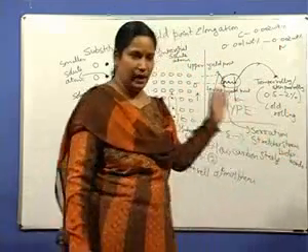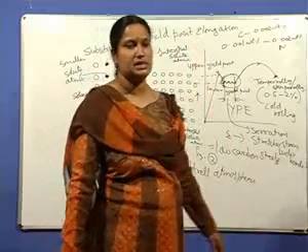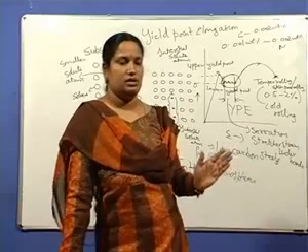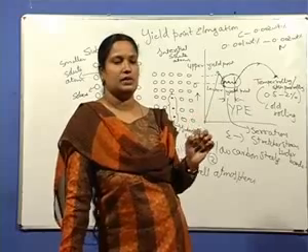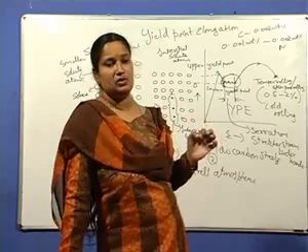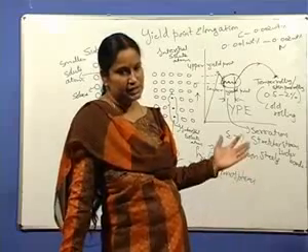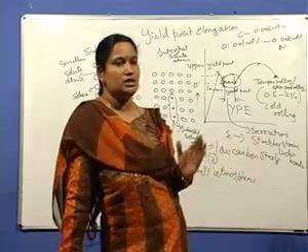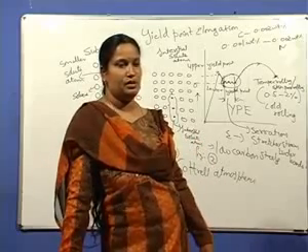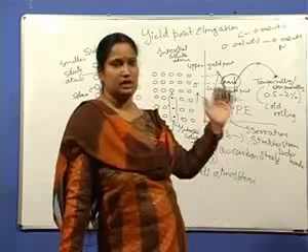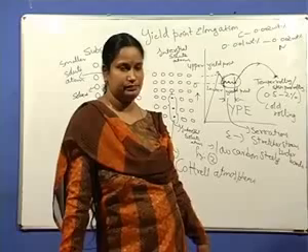So in order to have this yield point effect, the required amount of these interstitial elements, carbon and nitrogen, is a very small amount. When these interstitial elements are completely eliminated, this effect is not seen.